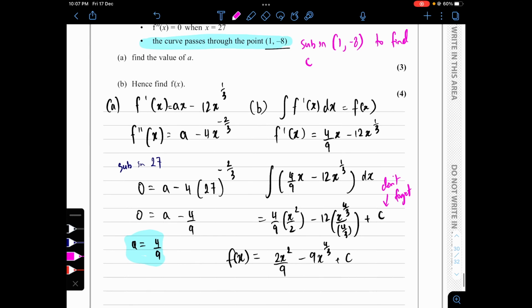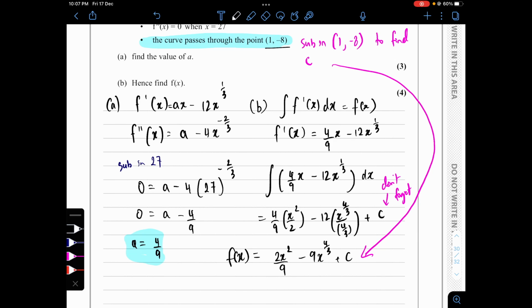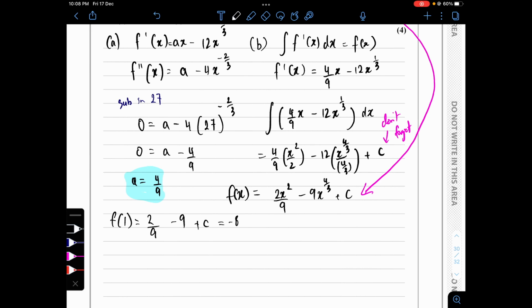So let's do that. Let's sub in. That'll be f of 1, right? So 2 over 9 times 1 is 2 over 9, minus 9, plus c should equal negative 8. So that means we can rearrange to find what c is. c equals 9 minus 8 minus 2 over 9.